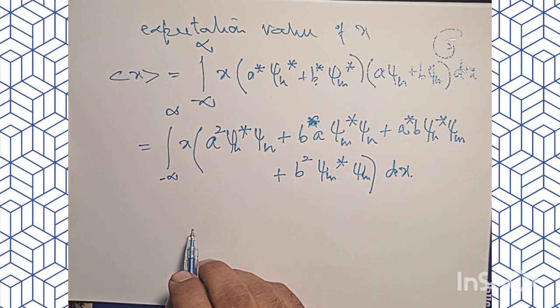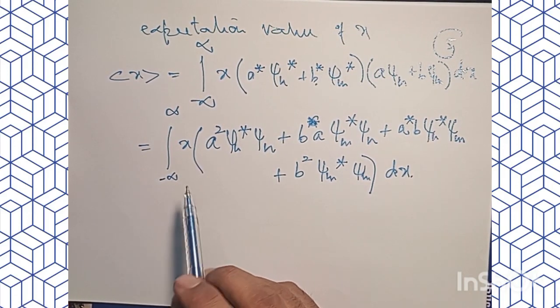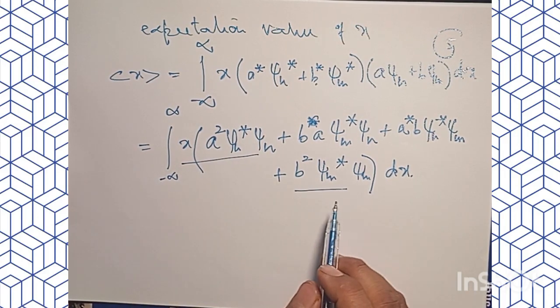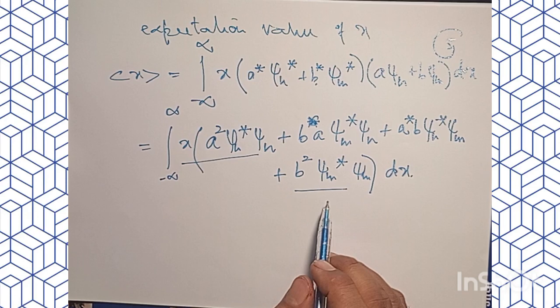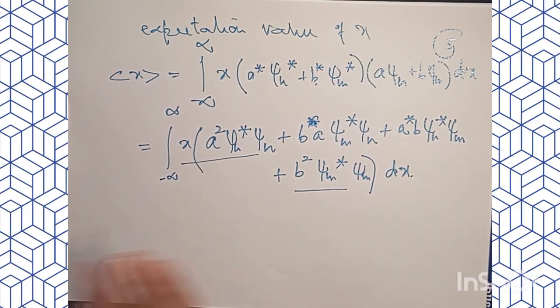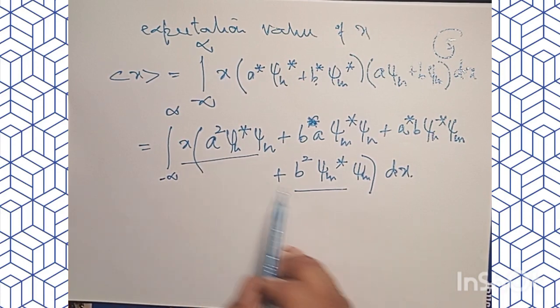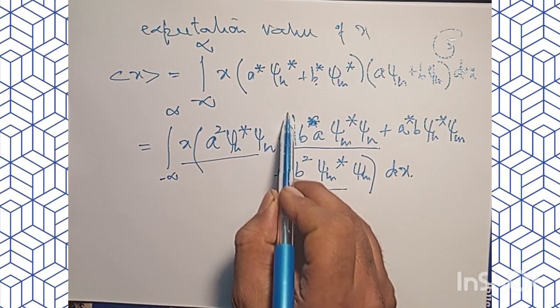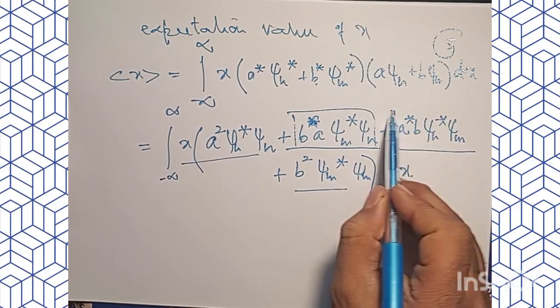Now here what we understand is that the first term of this integral and the last term of this integral are not varying with time. They are in their own states, and we have understood that from the introduction of this topic. So these two states do not vary with time.